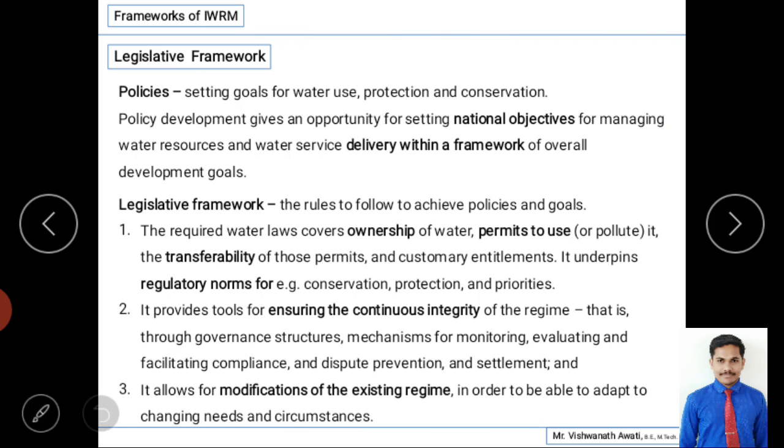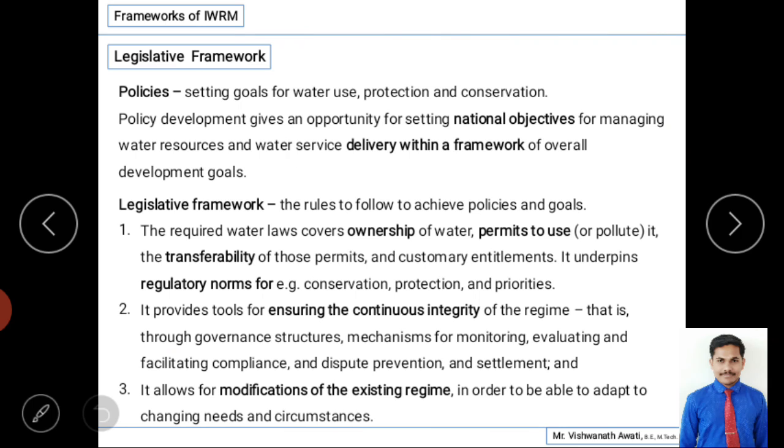Policy development gives an opportunity for setting national objectives for managing water resources and water service delivery within a frame of overall development goals. So here we are not compromising on the uses of water, but even giving good effort for balance with the environment. So we are achieving the national objectives as well as use of water with a balanced environment, right?